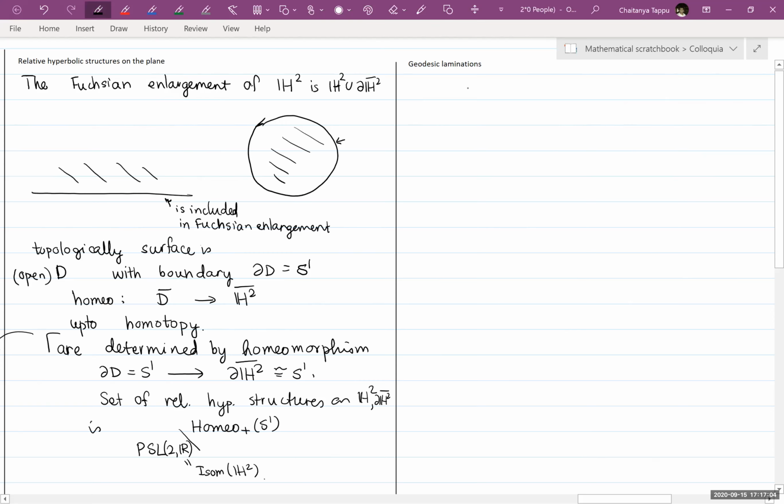So we look at just infinite geodesics. So a geodesic, and if you want to quake along lots of different geodesics at once, you look at that. The precise way of saying that is by using geodesic laminations. A geodesic lamination is a collection of disjoint geodesics whose union is a closed set.